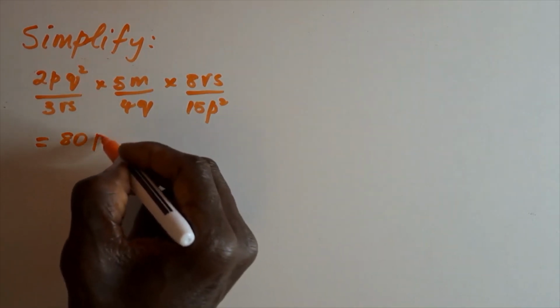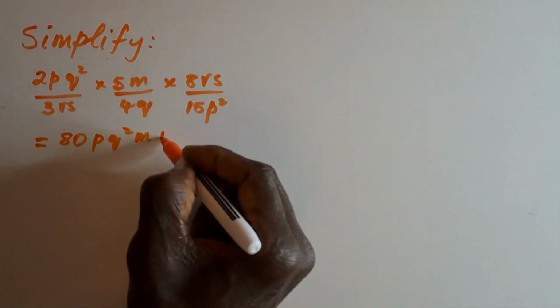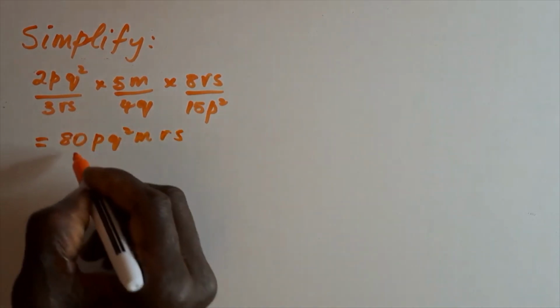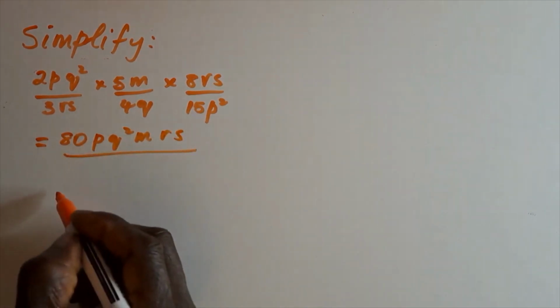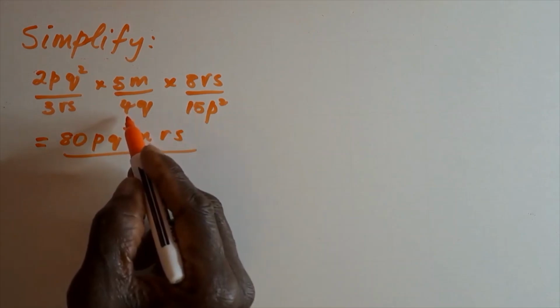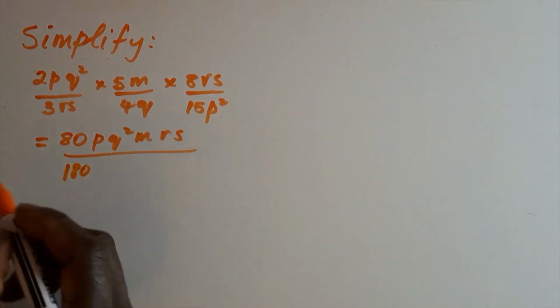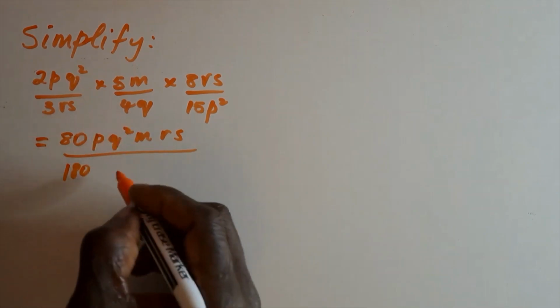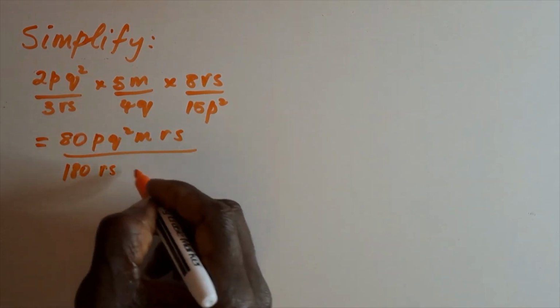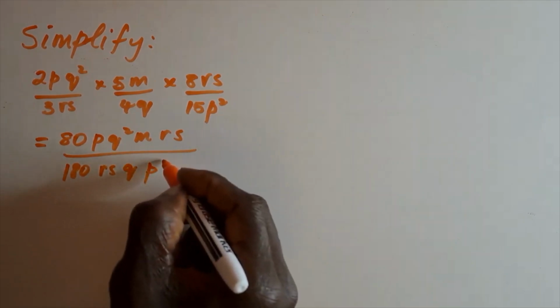We have pq squared m and then rs. And so now in our denominator, we have 15 times 4 is 60, times 3 is 180. And in the denominator, we have rs q p squared.